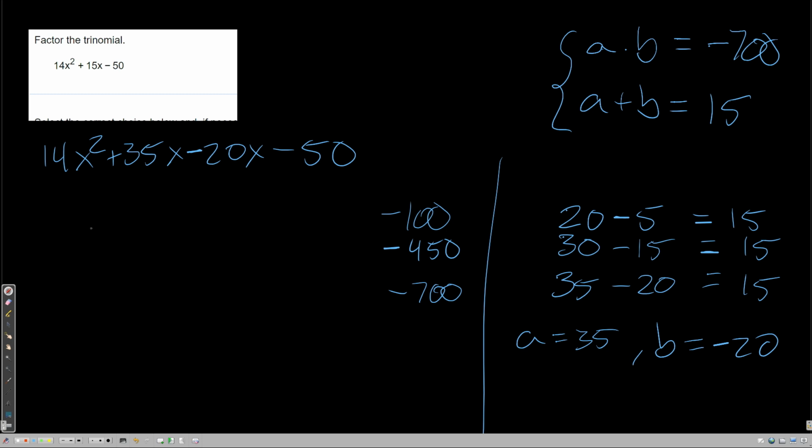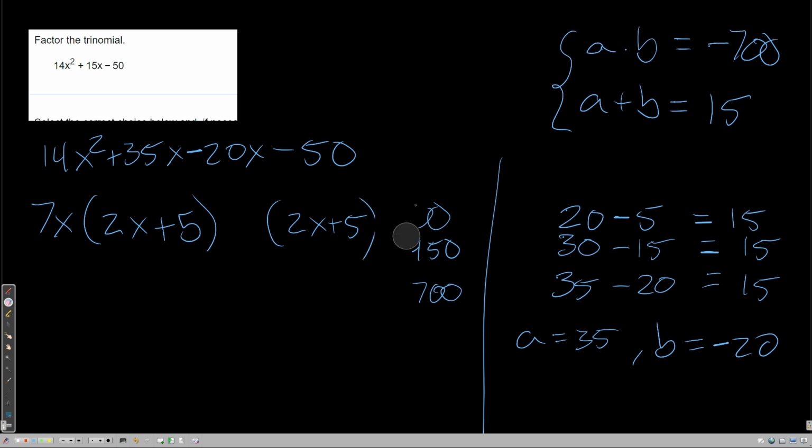And then I'll factor by grouping. From the first group, the 7x factors out, you're left with 2x plus 5. From the second group, I have to have a 2x plus 5 over here, so then I can see that the thing that's going to factor out would have to be a negative 10.